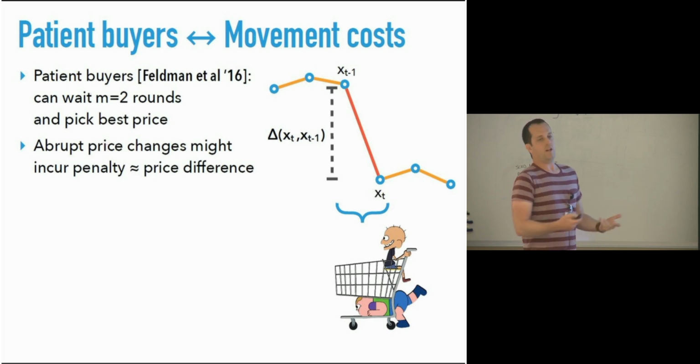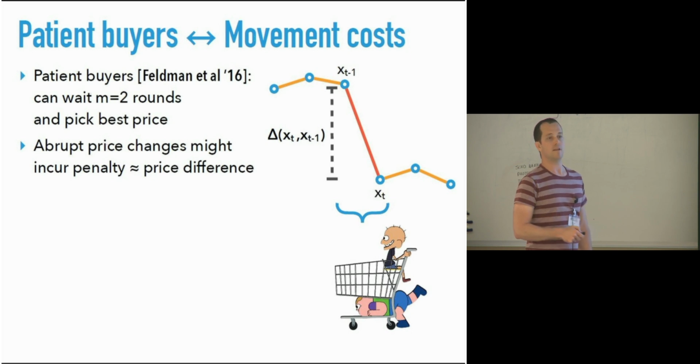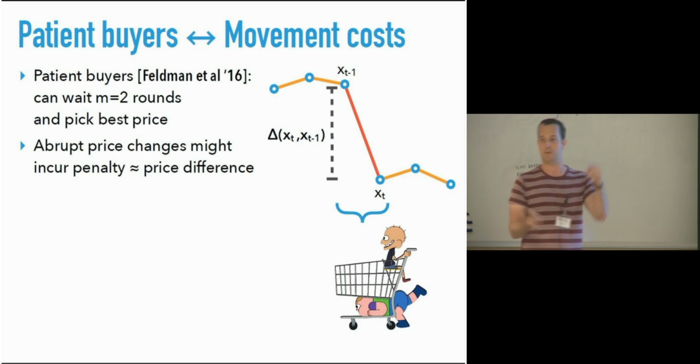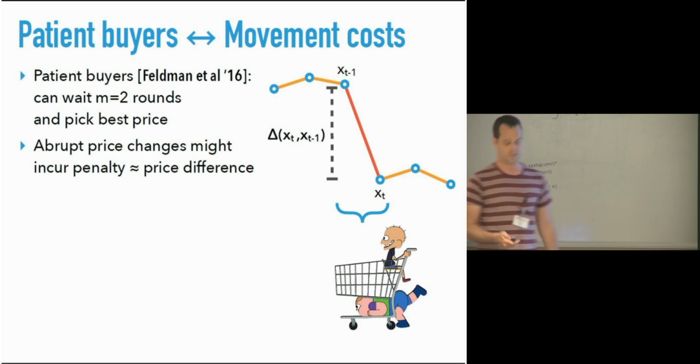Now it's pretty intuitive that sudden changes in the price can cost the seller a lot, because a strategic patient buyer that waits for these 2 rounds can simply pick the lowest price and save this difference, which is the movement from xt minus 1 to xt. This argument can be formalized, but that's the intuition.